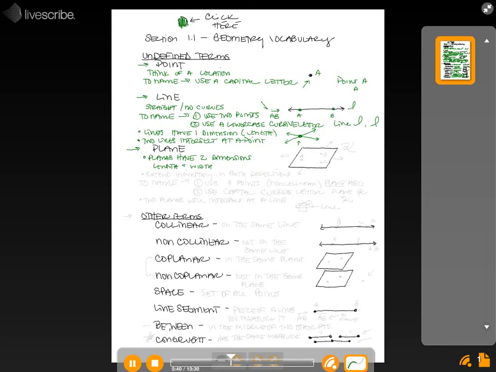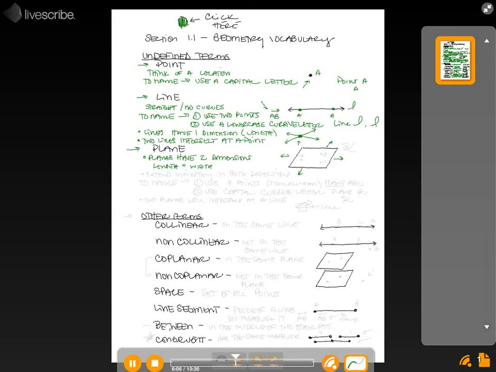So here's an example of a plane, and we usually use what's called a parallelogram or a rectangle or a shape like that, four-sided figure, to represent a plane. And we can put the arrows on the outside to show that it extends infinitely in those directions. It's going to keep going on forever. It's very large. But we draw a little shape like that to show that we have a plane there.